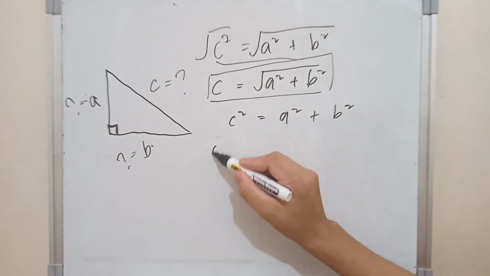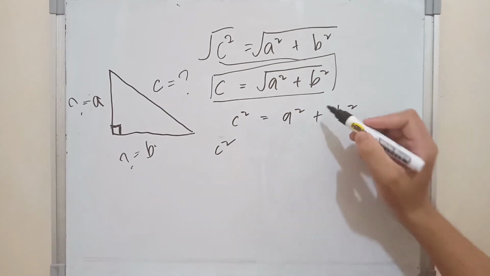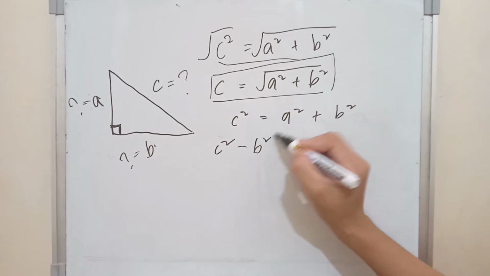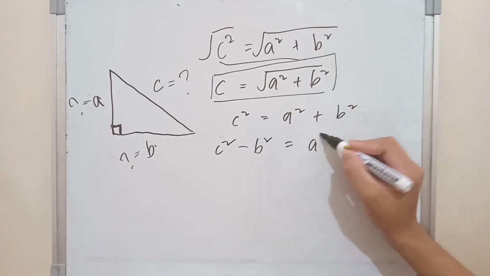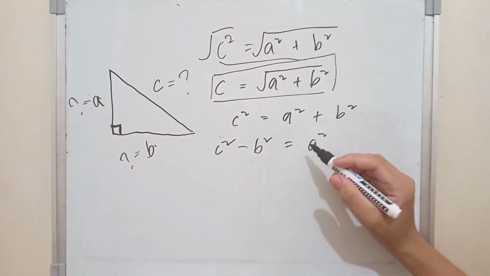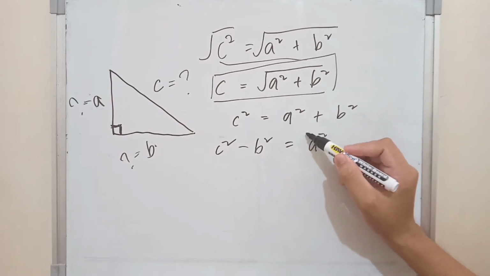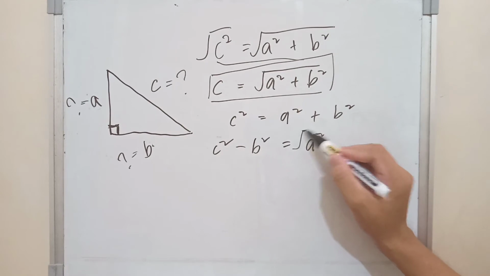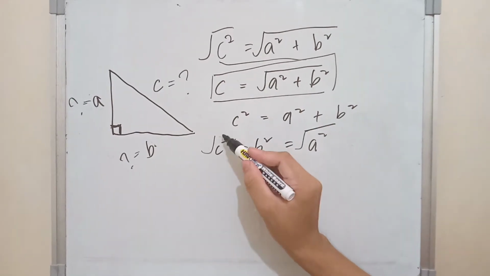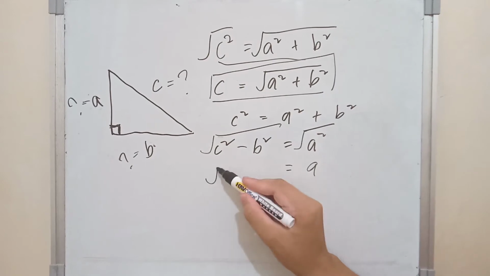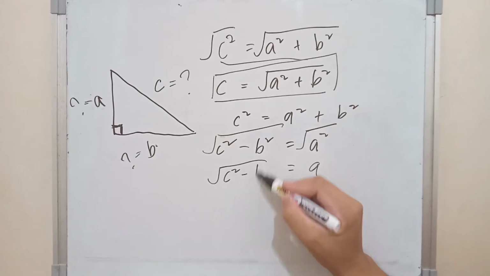So, C squared from positive sign, dahil ililipat natin sa kabila, magiging negative B squared equals A squared. Ngayon, tatanggalin natin yung squared ng A by applying square root, and ganun din dun sa kabila. So, A equals the square root of C squared minus B squared.